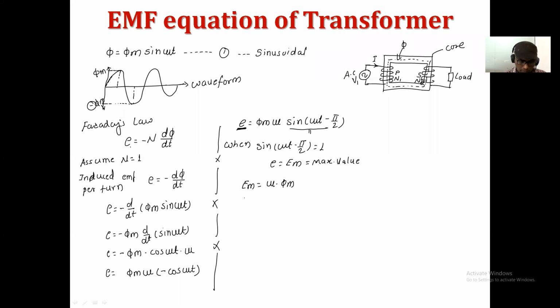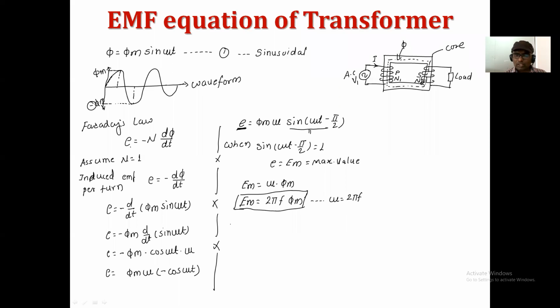What is meant by omega? Omega is nothing but 2 pi f. Omega is the angular velocity in radians per second. Get it, my friend? And now this is the maximum value of induced EMF, which is nothing but 2 pi f into phi m. Okay.